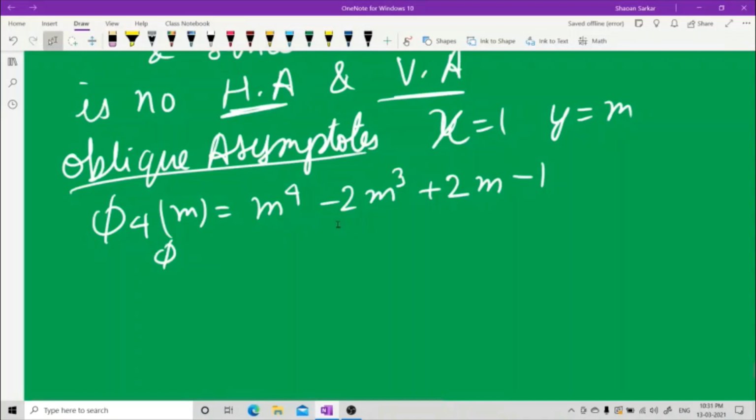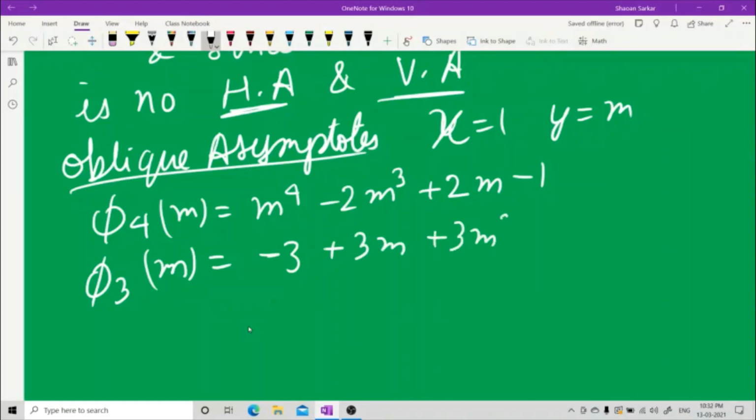So phi 3 of m is nothing but minus 3 plus 3m square and minus 3m cube, sorry, m cube. Wait a minute, it is m cube.